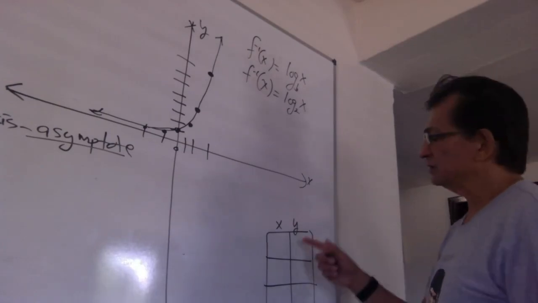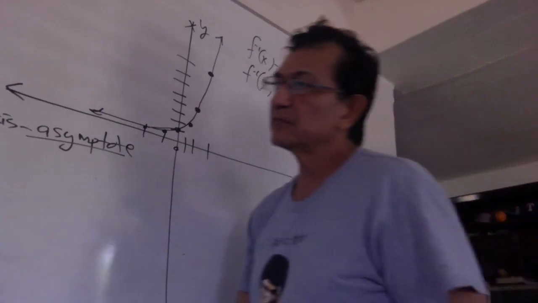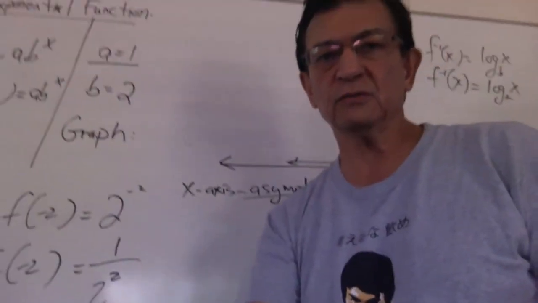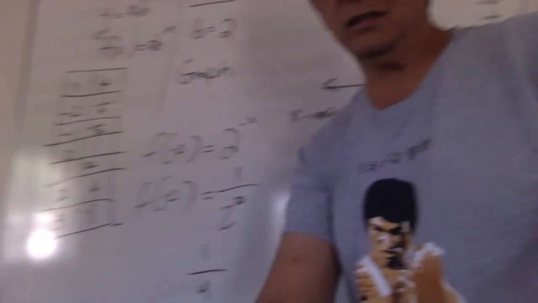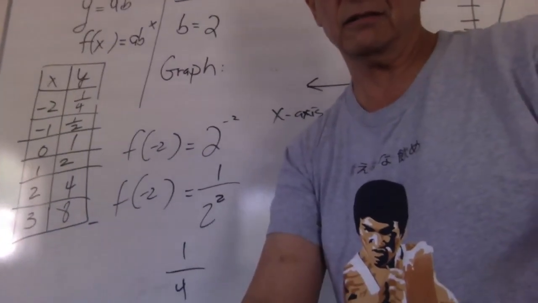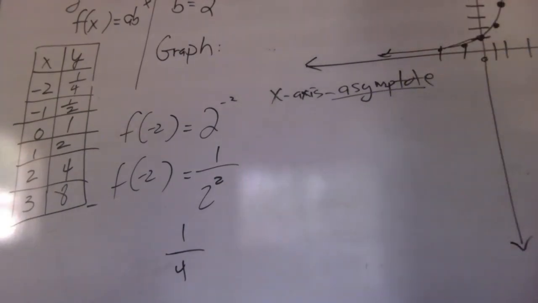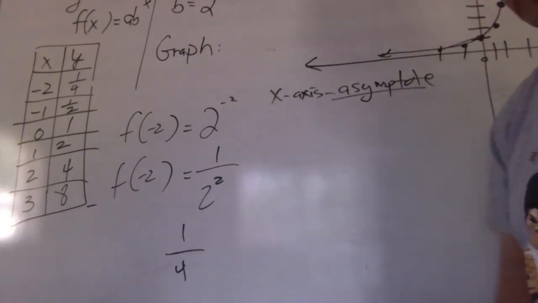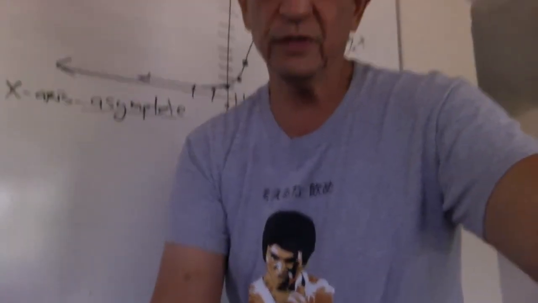So basically, to graph a log function, if I have the values for the exponential function, which is my table, I basically just switch them, and that's going to be my log function of log base 2 of x. So let's do that.